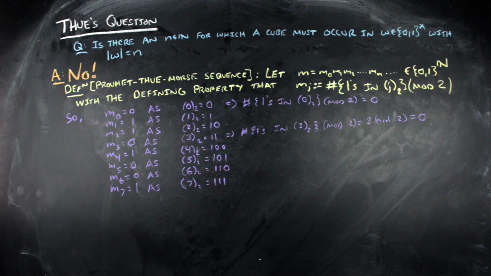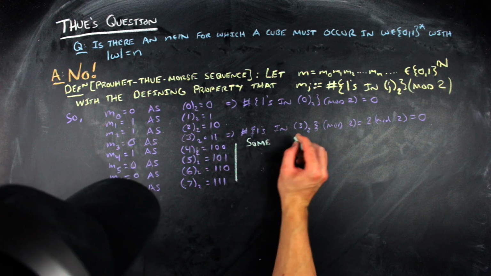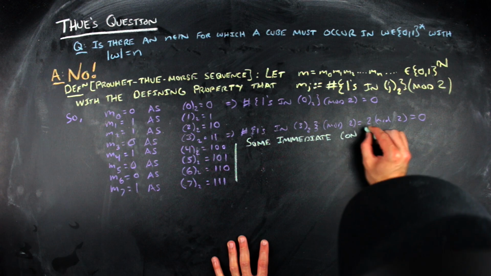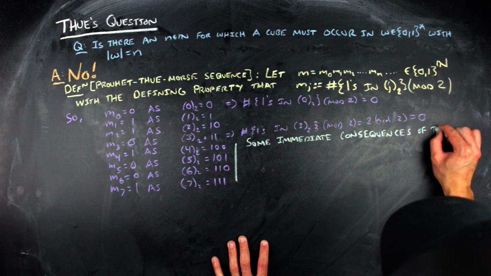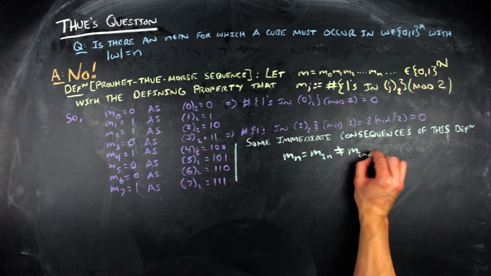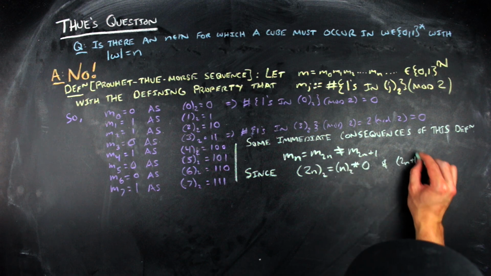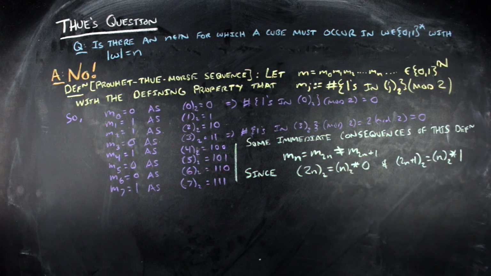There are some immediate consequences of defining the sequence this way. The first is an immediate observation from what we did a second ago with binary and concatenation. If you look at the nth term in the sequence and the 2nth term, they should be the same symbol, and this should be not equal to the 2n plus 1th term.